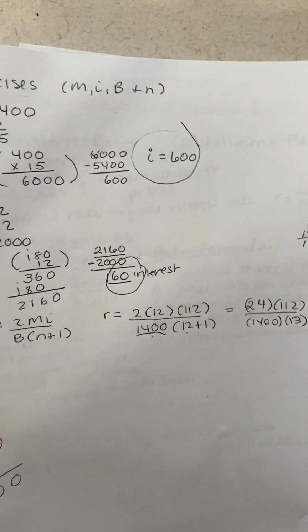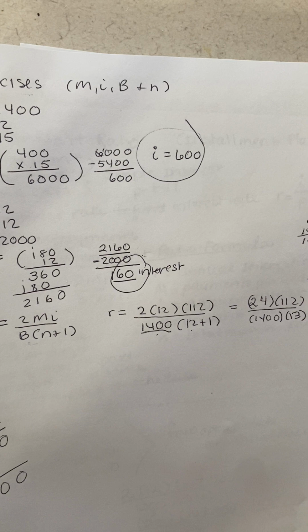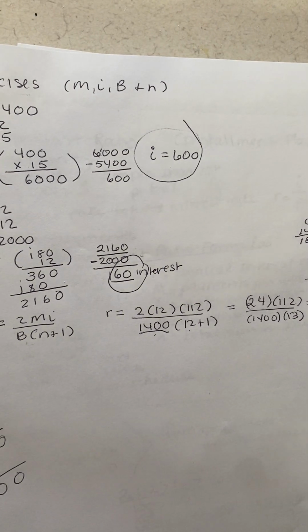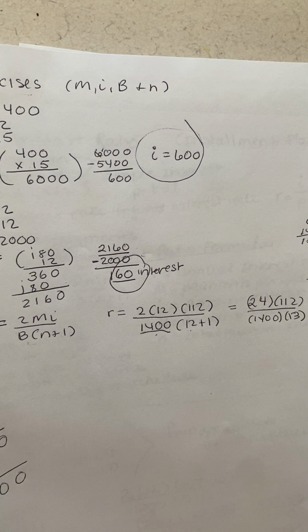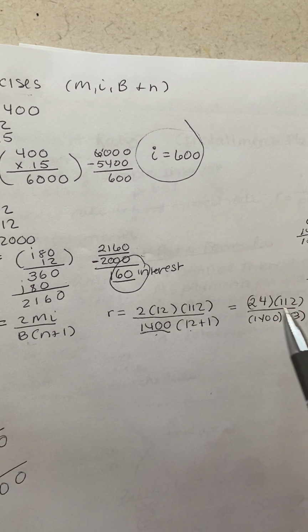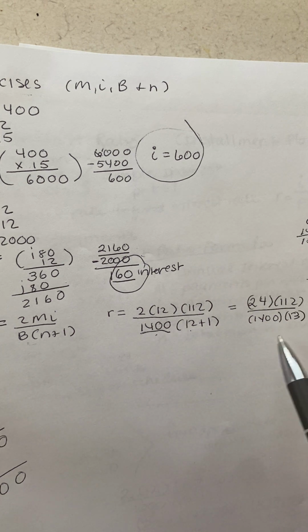So now let's put it here. Now we can calculate this out. This is kind of an easy one because the calculations can be canceled out pretty easily, and you can do it on your calculator. So basically, you have 24 times 112 over 1,400 times 13.